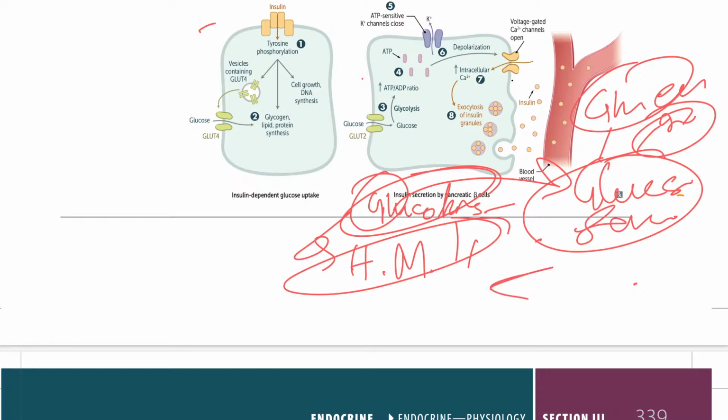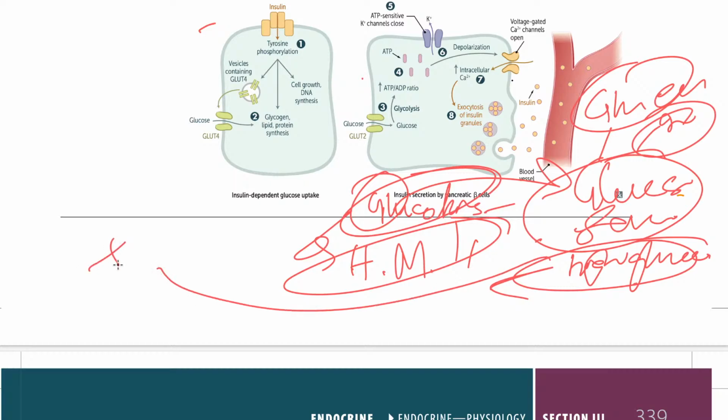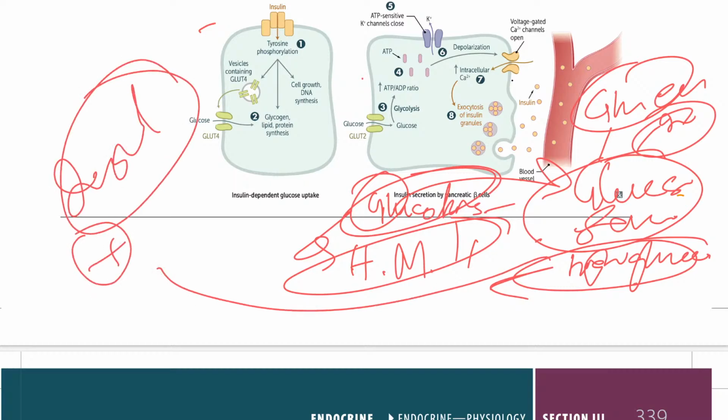You will have higher glucose levels within the bloodstream, and through higher levels, you will then stimulate the insulin release. Okay, that's one thing. Second thing is, with the mutation of glucokinase, you have decreased ATP formation, which leads to a decrease in insulin secretion. Okay, hope this makes sense.